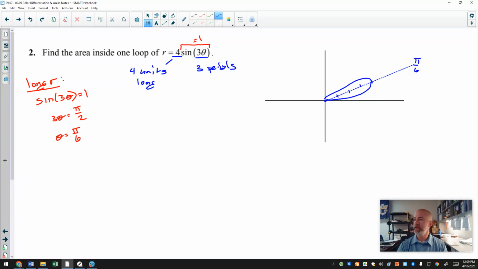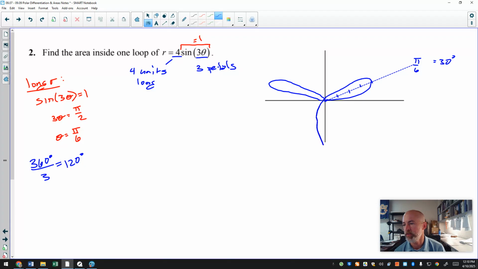And then all the petals are going to be divided evenly. So here I'm going to think in terms of degrees. If there are 3 petals, 360 degrees divided by 3 is 120 degrees. This is 30 degrees. And so if I move 120 degrees more, I'm going to be at the 150 degree angle. So I'm going to go to 150. And then the next one is going to go down at 270. So not very pretty, but hey, there's my polar curve.